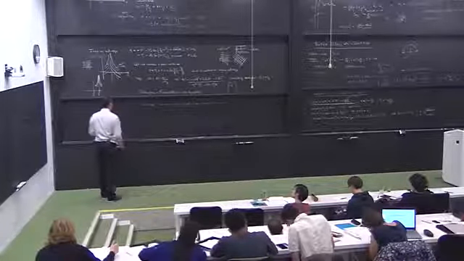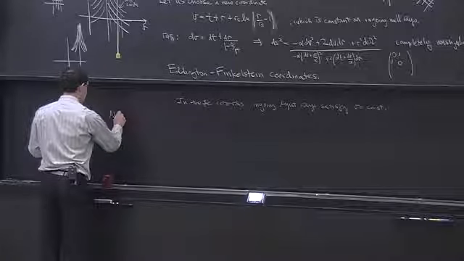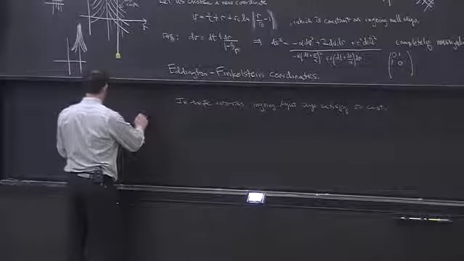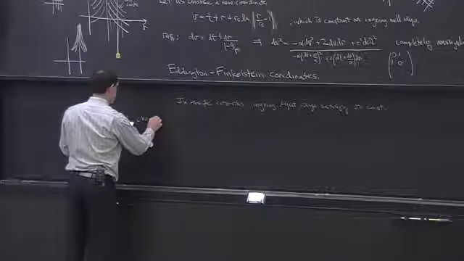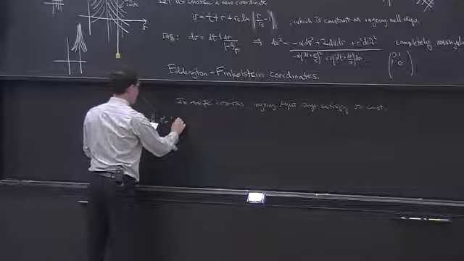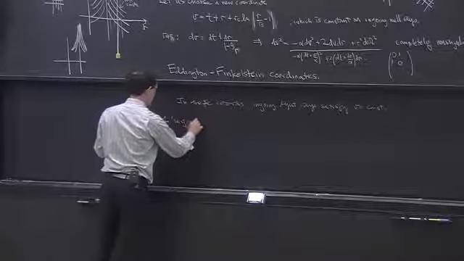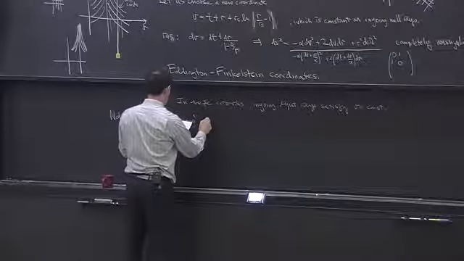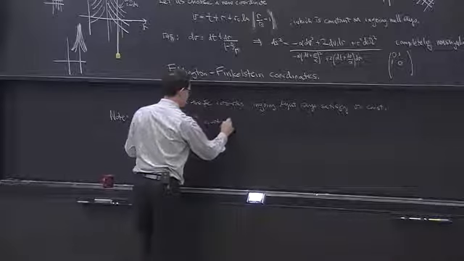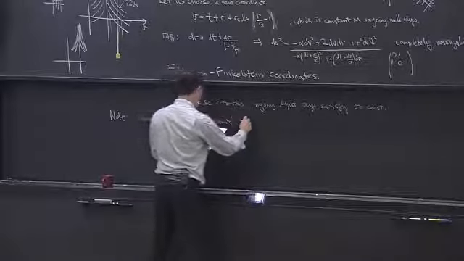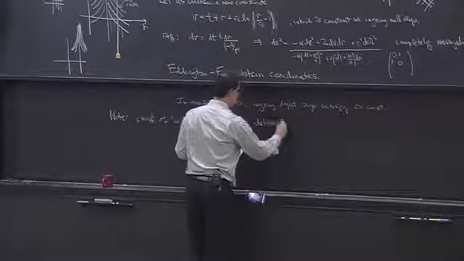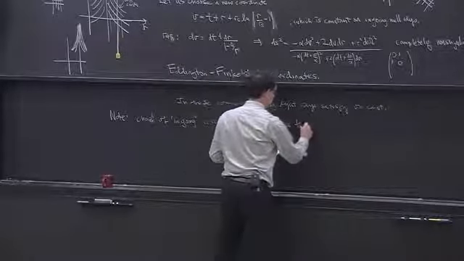Now, note, and this is where things start to get a little worrying about Eddington-Finkelstein coordinates. The choice of ingoing coordinate v determines the direction of time.